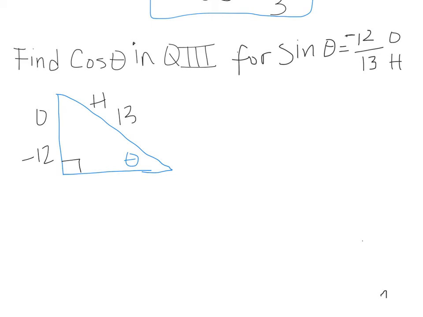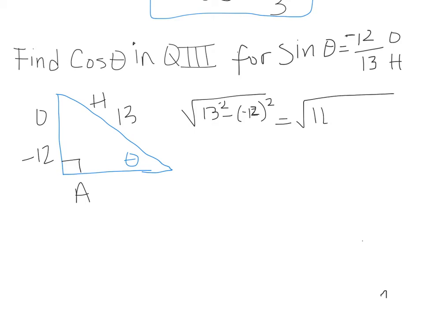We're going to find the adjacent side because the cosine, as you might remember, is the CAH, the adjacent over the hypotenuse. So again, a play on the Pythagorean theorem: the square root of 13 squared minus negative 12 squared. That's the square root of 169 minus, and just remember, this is where a lot of students make mistakes.